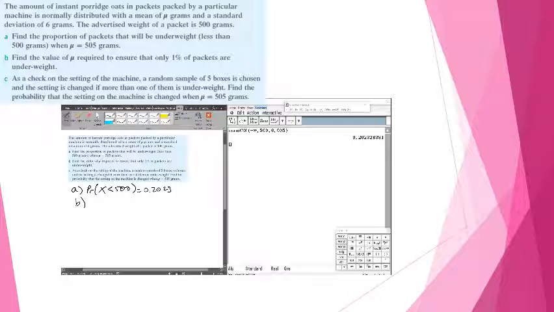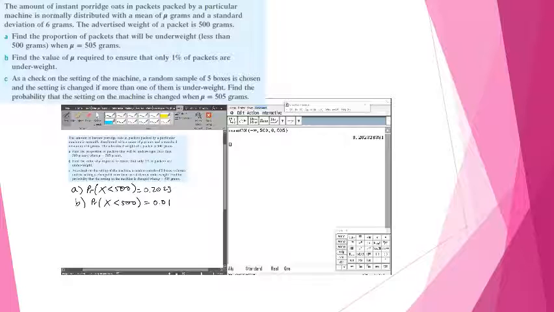B, find the value of mu required to ensure that only 1% of packets are underweight. So we want the probability where x is less than 500 to be 1%, so 0.01.